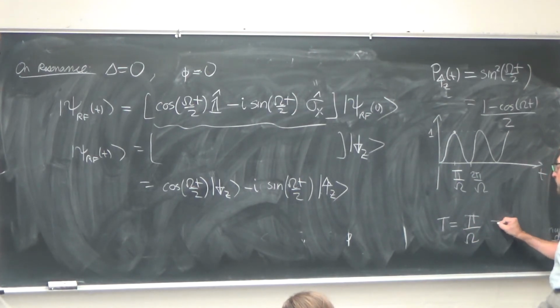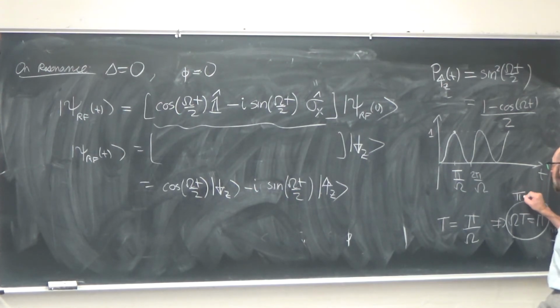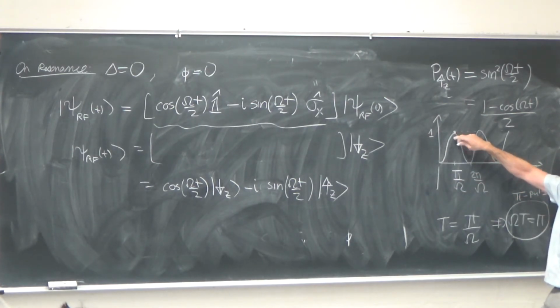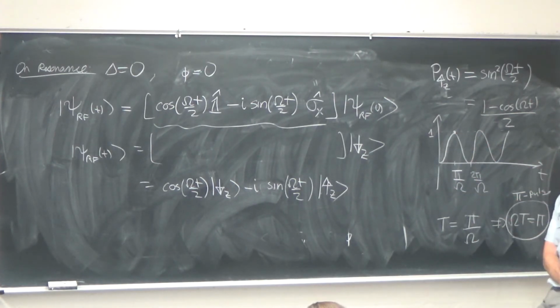Or said another way, omega t is pi. This is known as a pi pulse. A pi pulse is a pulse of field which takes the state from the ground state to the excited state, rotates it by 180 degrees. Okay? A 2 pi pulse would put it right back.